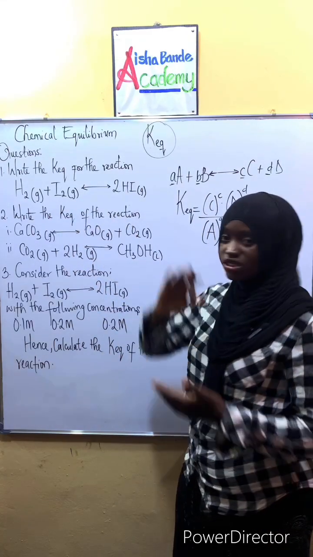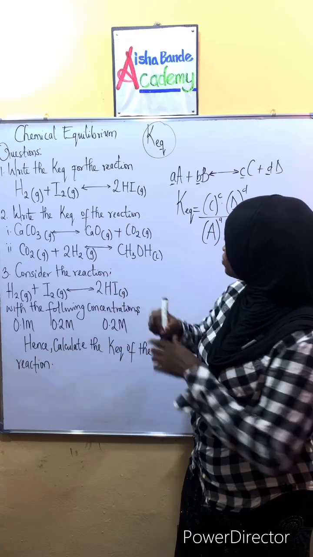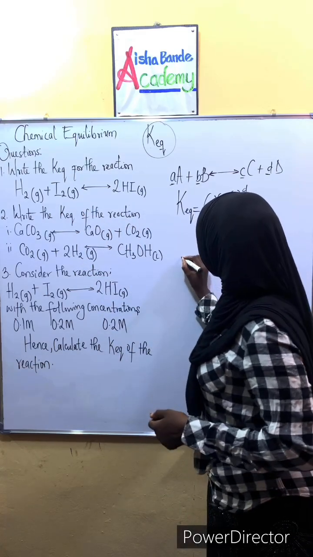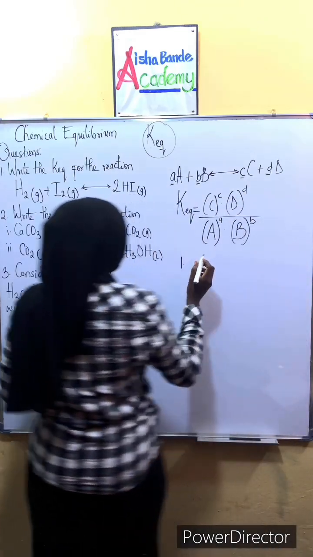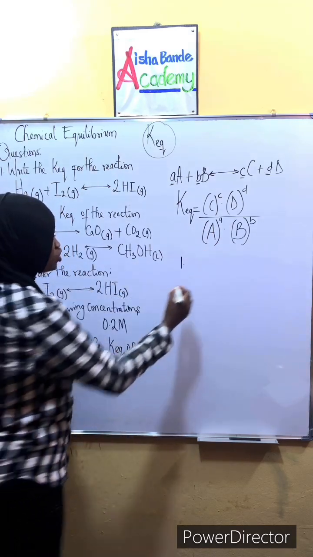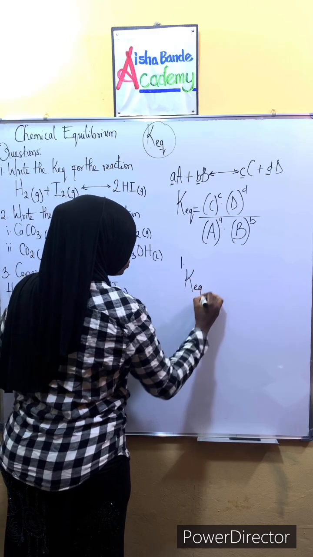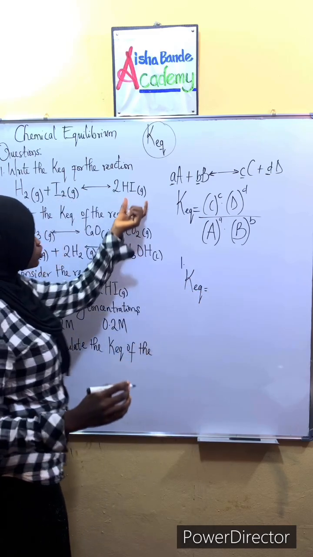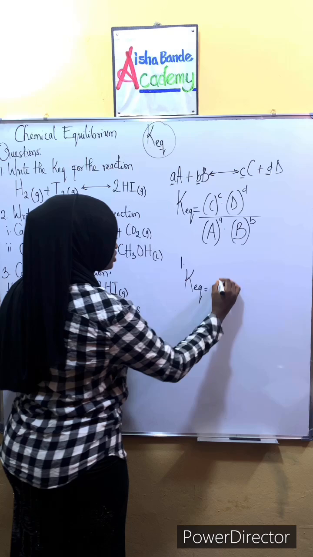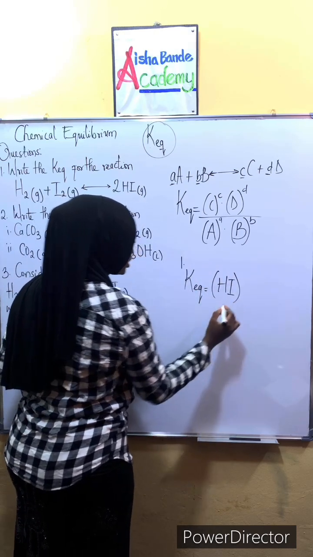So let's write out the chemical equilibrium for this reaction. So let's begin with number one. We are going to follow the same format for this as the equation, okay? So for the chemical equilibrium for this, KEQ is equal to, so the product here is HI, okay? So we'll put this in the brackets.